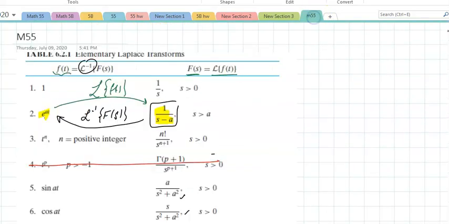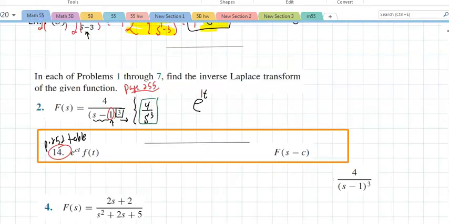And now if I look at the table, 4 over s to a power, it's right there. 4 over, was it s? S cubed, even better. Well, can't you say this is 4 over s to the 2 plus 1? Which means I need the top to be what? 2 factorial. Can't I say this is 2 times 2 over s cubed, right?